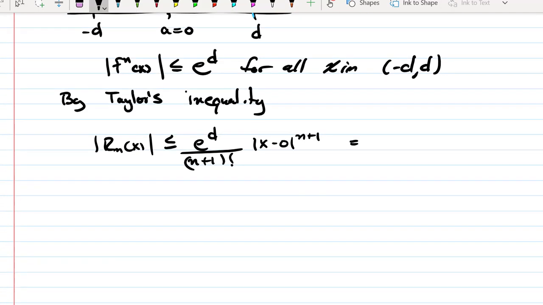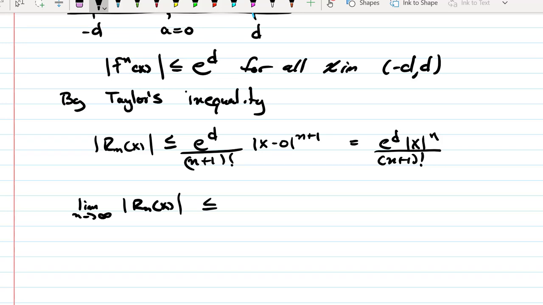So then that is equal to e to the d times the absolute value of x to the n all over n plus 1 factorial. So now we take the limit as n goes to infinity of the remainder, which is less than or equal to the limit as n goes to infinity of e to the d, absolute value of x to the n, all over n plus 1 factorial.